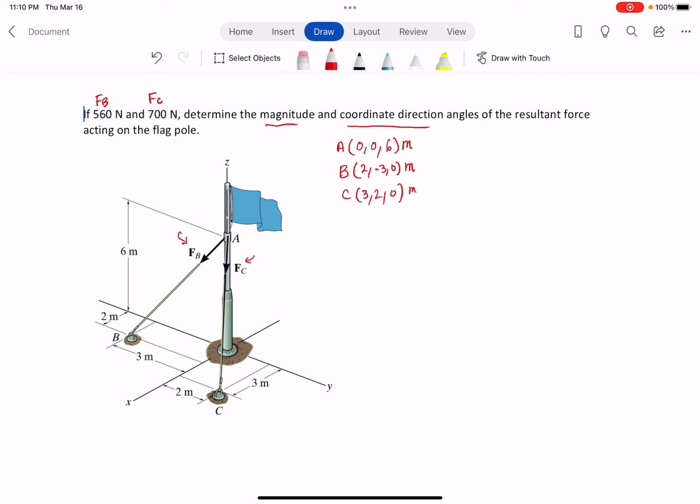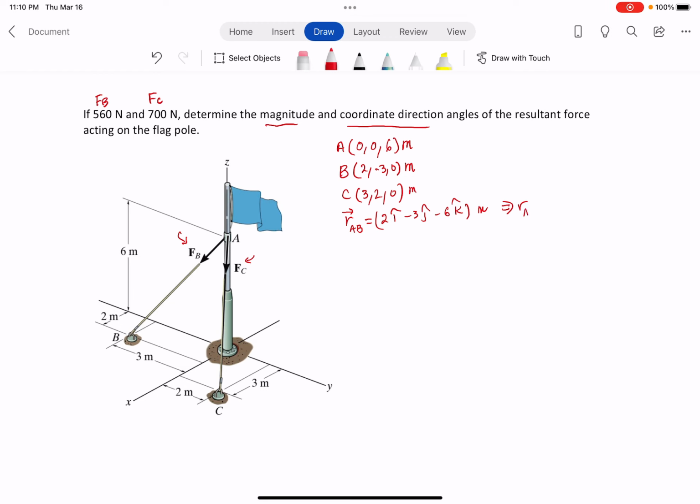This is in meters. So now let's find the position vector RAB, which means B minus A. So it is 2i minus 3j, and 0 minus 6, so minus 6k. This is in meters. And now you should find the magnitude of this position vector.